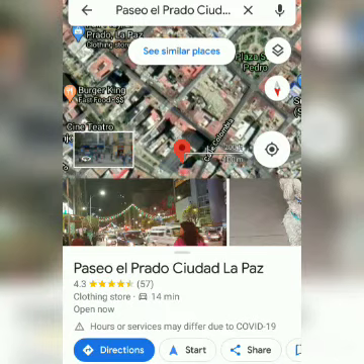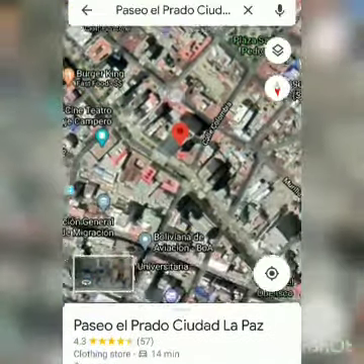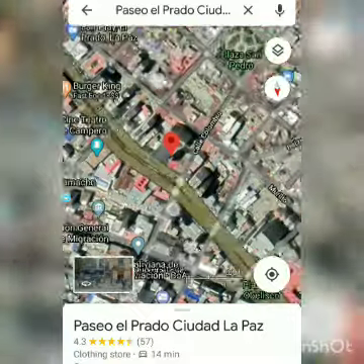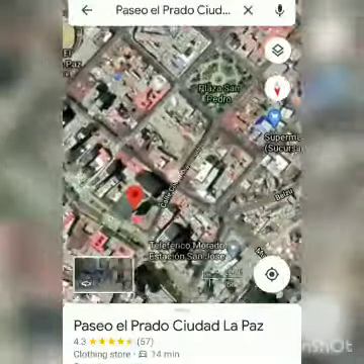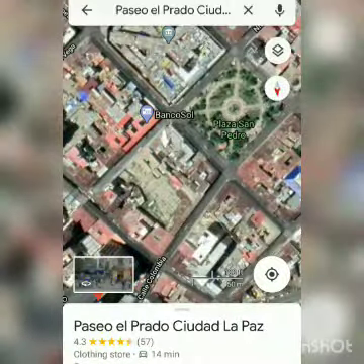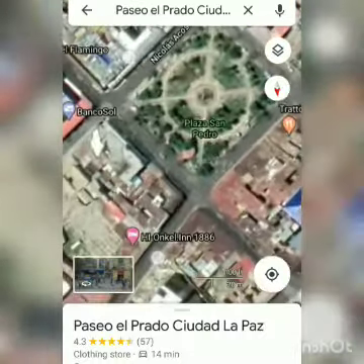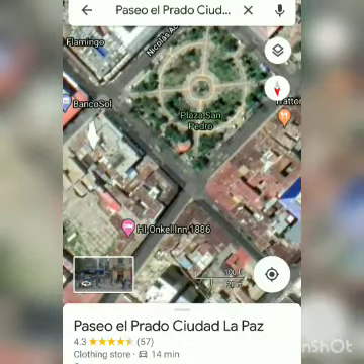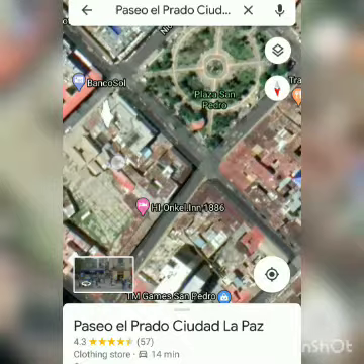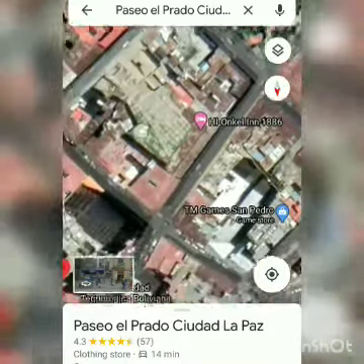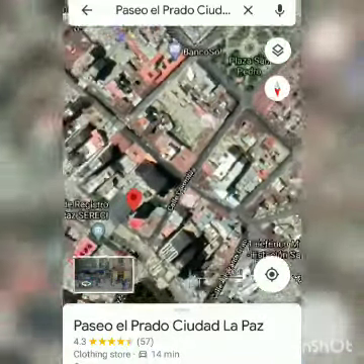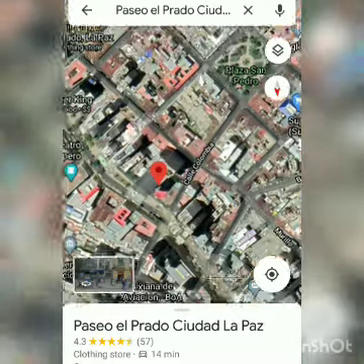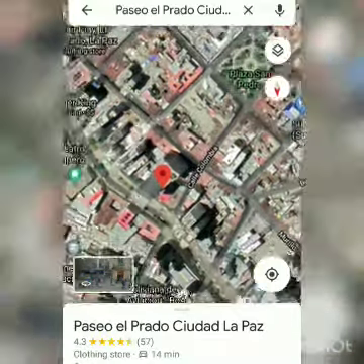Okay? Look at this. We have our city. We have Murillo Square, as well known as Plaza Murillo. And we are going to look up our school. Where is our school?